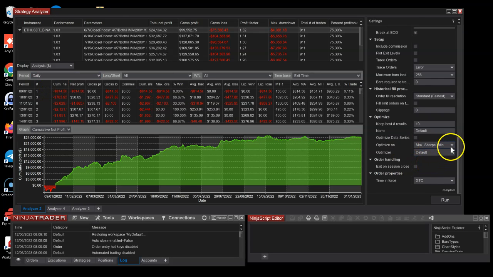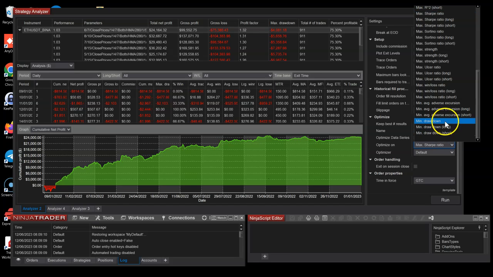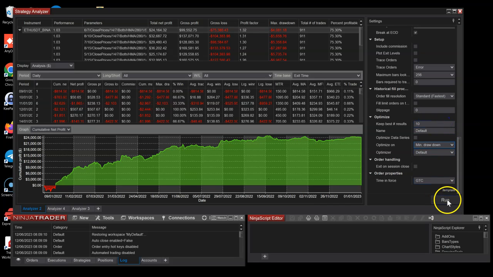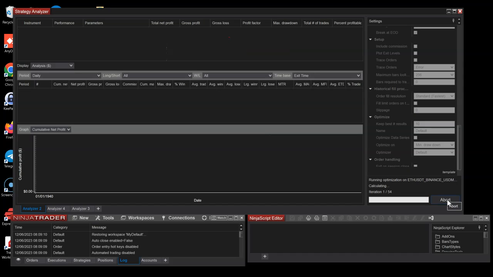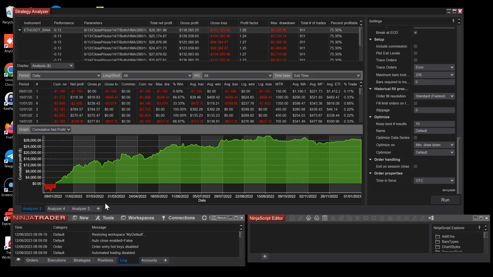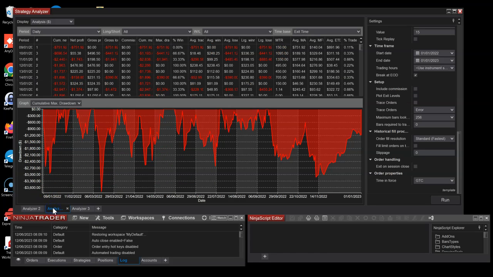Okay, what if I go and draw minimum drawdown? Hmm. 6 and 13. That's interesting.